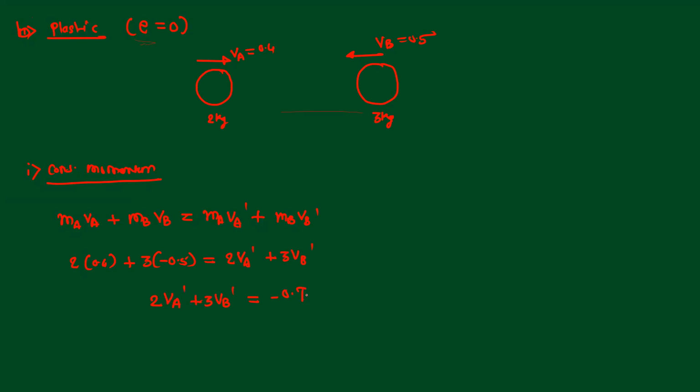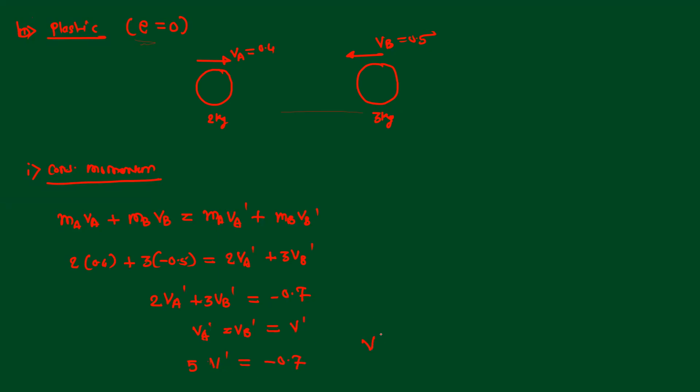But we know that after collision the velocity is the same. So Va dash is equal to Vb dash, and you can put the value as V dash. So from this we get 5 V dash is equal to minus 0.7.